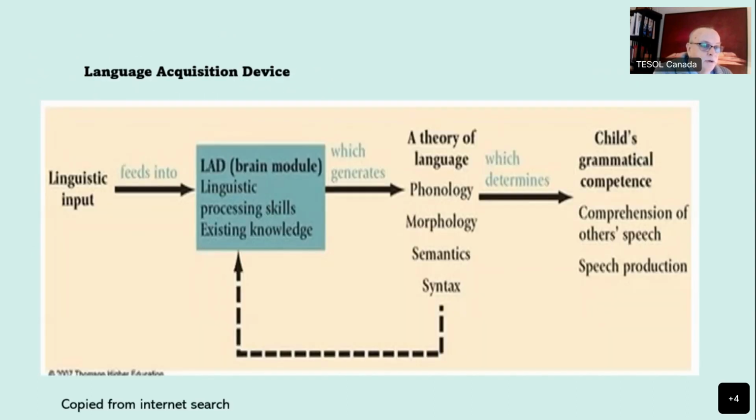Noam Chomsky developed a theory of language learning, which he called the language acquisition device. This was based on the idea that we are all born with a language acquisition device in our brains already. Our brains are programmed when we're born to have linguistic processing skills as existing knowledge.